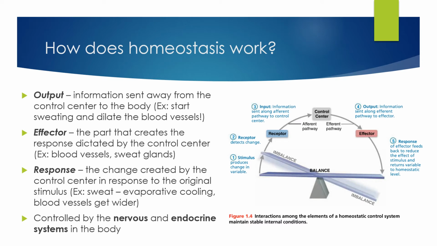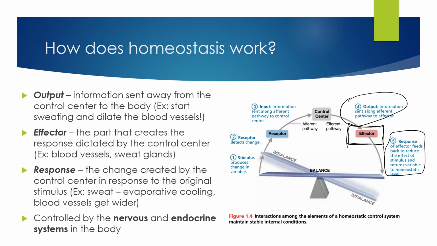So we send that information away from the control center, that's the output, such as start sweating or dilate your blood vessels. And that's going to be sent to an effector, something that causes an effect to happen in your body. It causes a change to occur, like your sweat glands, like your blood vessels. And then that ends up creating a response. You sweat, and that will cause evaporative cooling, and your body temperature will hopefully come back down.